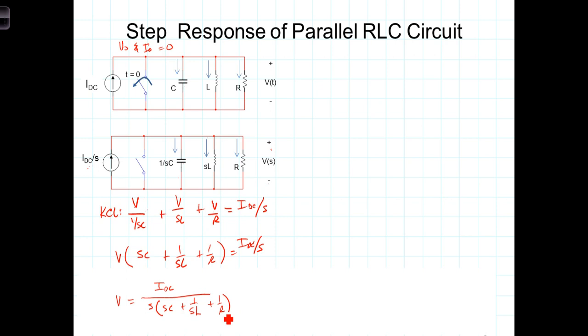Once again we want to get this polynomial in terms of descending powers of S, with the highest power of S with a coefficient of 1 in front of it.